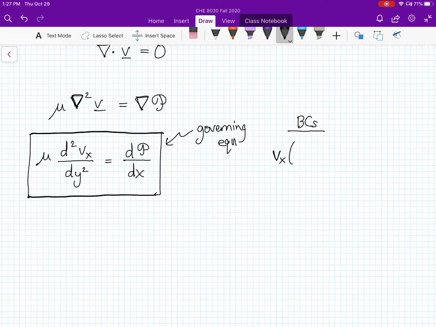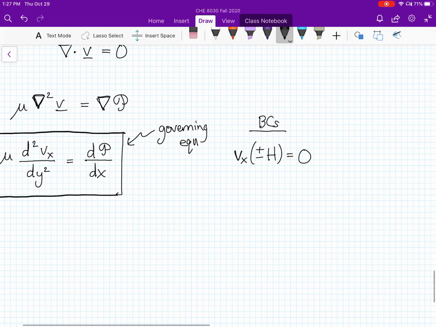So at either plus or minus h, the velocity of my fluid is 0. Right, that is our no-slip boundary condition. The no-slip boundary condition tells me that whatever velocity my adjacent surface is moving at, the fluid that is touching that surface is moving at the same velocity.